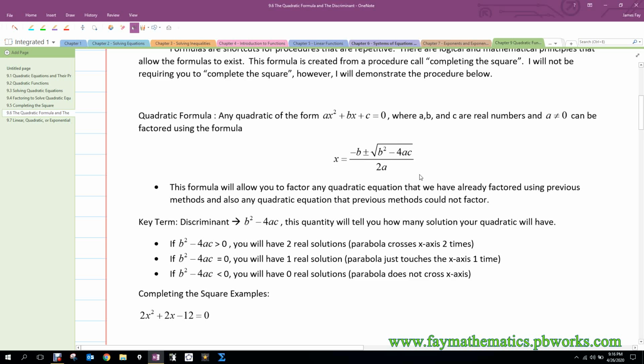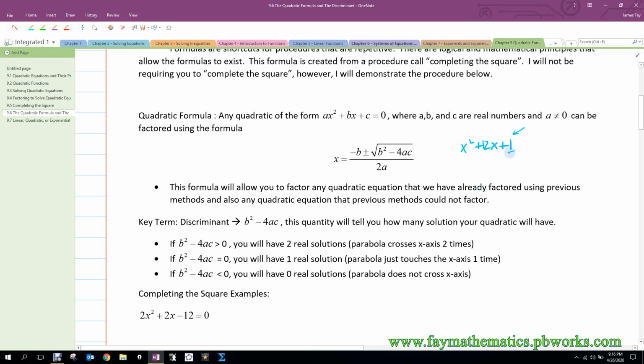This formula will allow you to factor any quadratic equation that we have already factored using previous methods, and also any quadratic equation that previous methods could not factor. For instance, let's say I had something like x squared plus 12x plus 1.